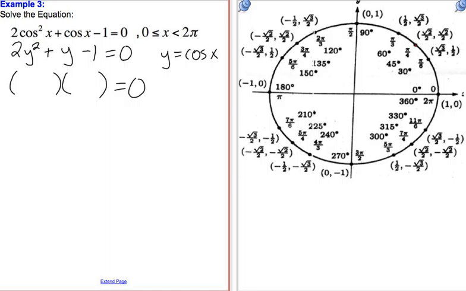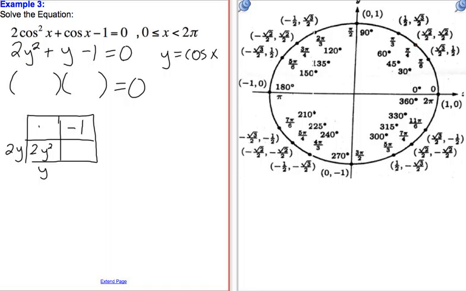So I'm going to take a look at 2y squared plus y minus 1, and this is a strategy that many of you will want to use if you get stuck on the cosine of x part. So 2y squared is always going to go in that corner. The only way to get 2y squared is to do 2y and y. Maybe they're both negative, but probably not. The other corner I fill in is negative 1, because it has nothing in common with the 2y squared.